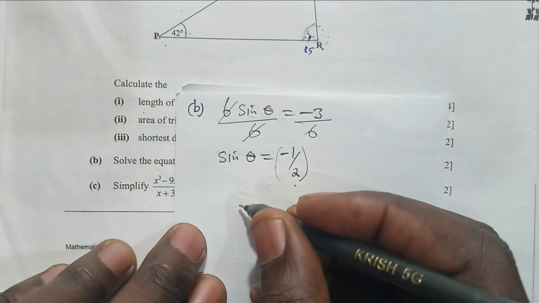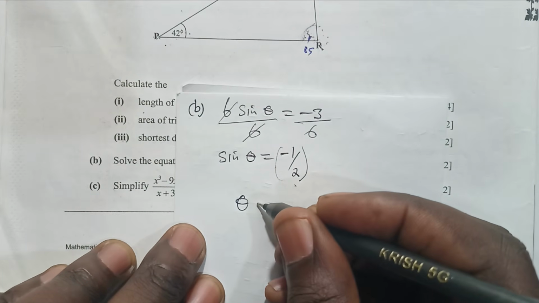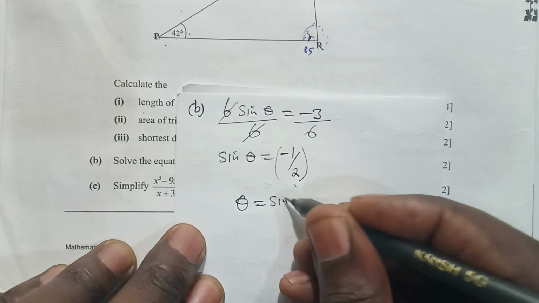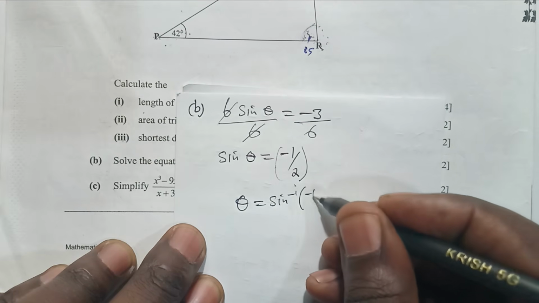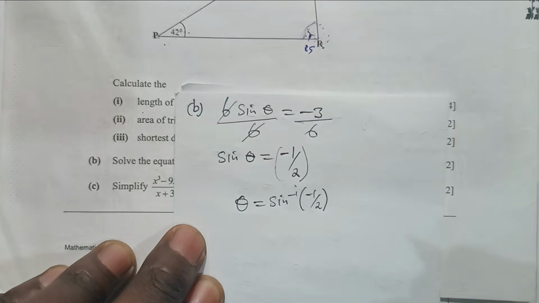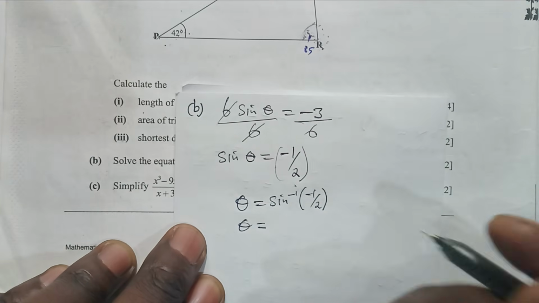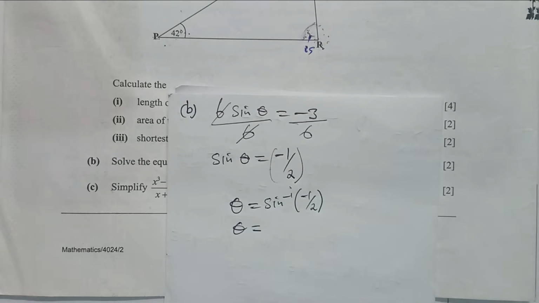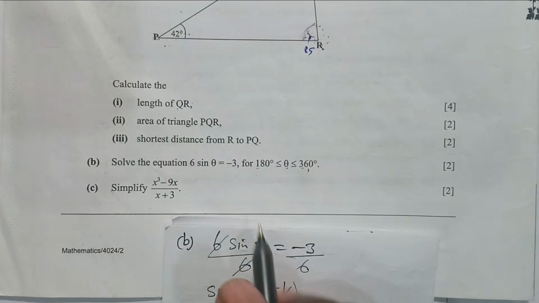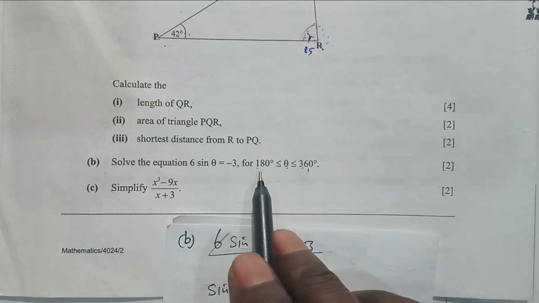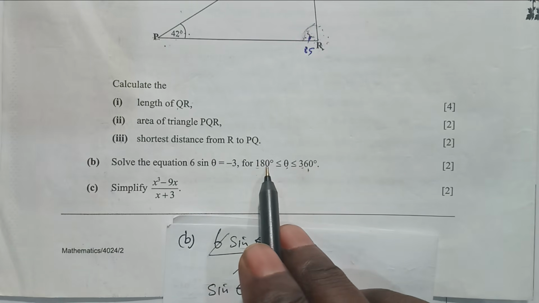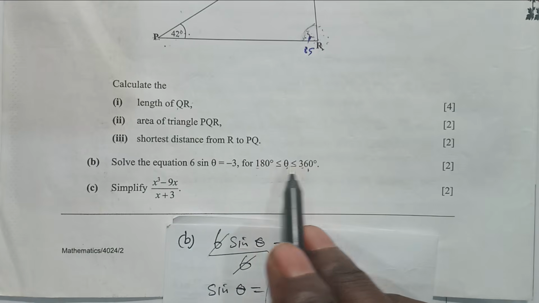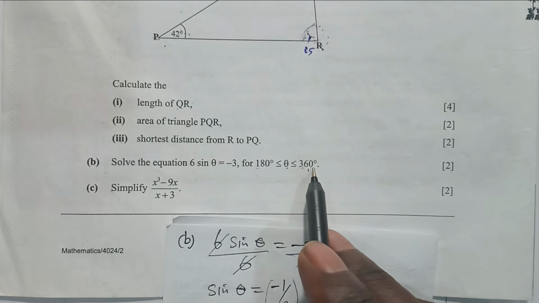So we are going to first of all find the value for this. We are saying theta is equal to sine inverse of -1/2. This is going to give us 30 degrees. Now 30 degrees is not suiting the condition that we have here, meaning we have to go beyond 180, between 180 and 360 degrees.